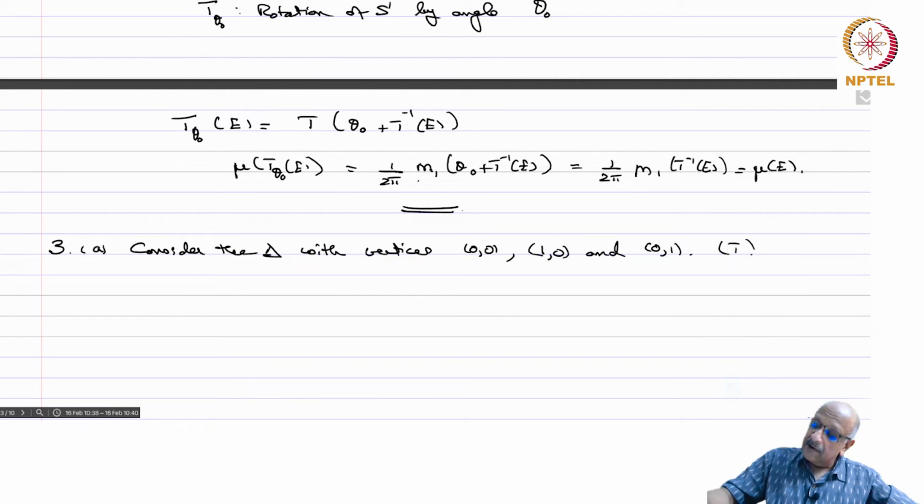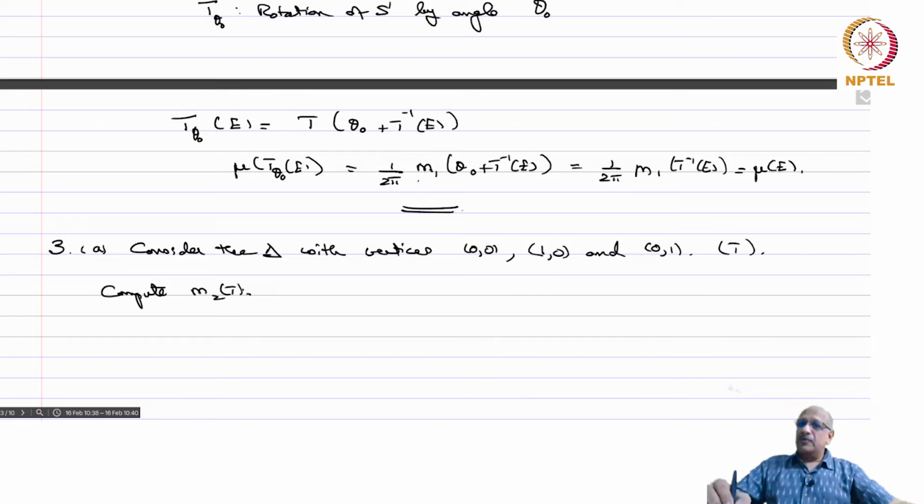Call this triangle T, and compute M2 of T. We know what it is, because essentially it is area, but we have to prove that. It's half base into height, so the answer should be half. We know this, so let us try to show it exactly. So solution.